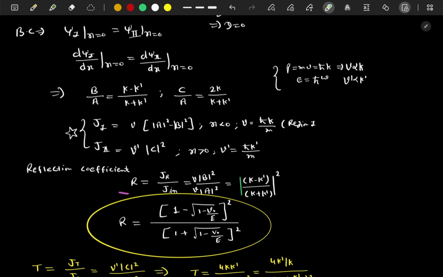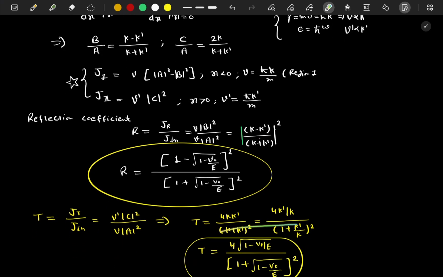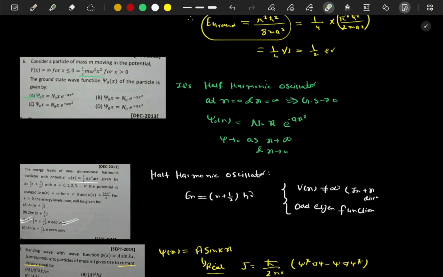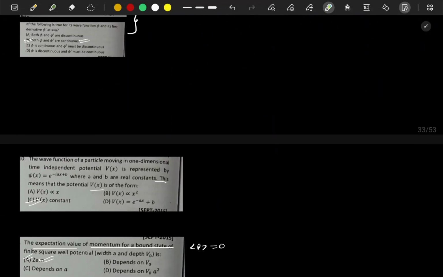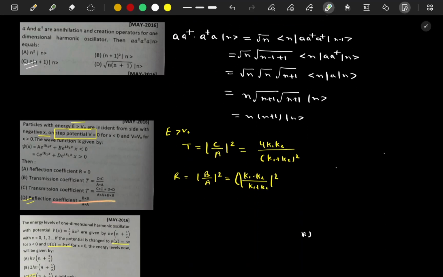So just remember, this is the reflection coefficient and this is the transmission coefficient: (K minus K prime) by (K plus K prime) whole square, and 4KK prime by (K plus K prime) whole square. Yes, the reflection coefficient is (K minus K prime) by (K plus K prime) whole square.